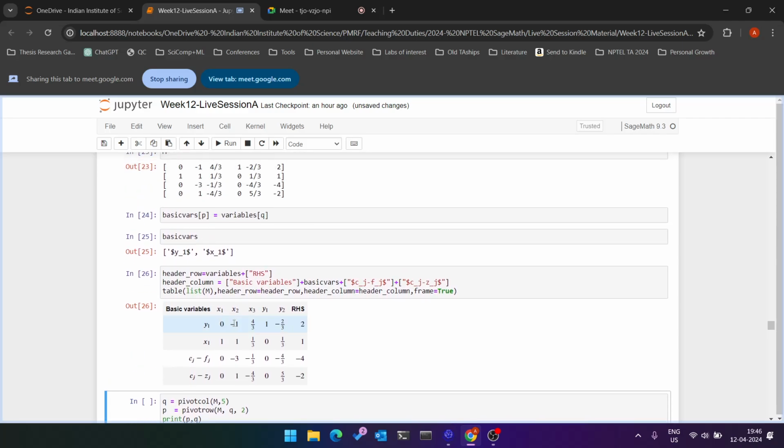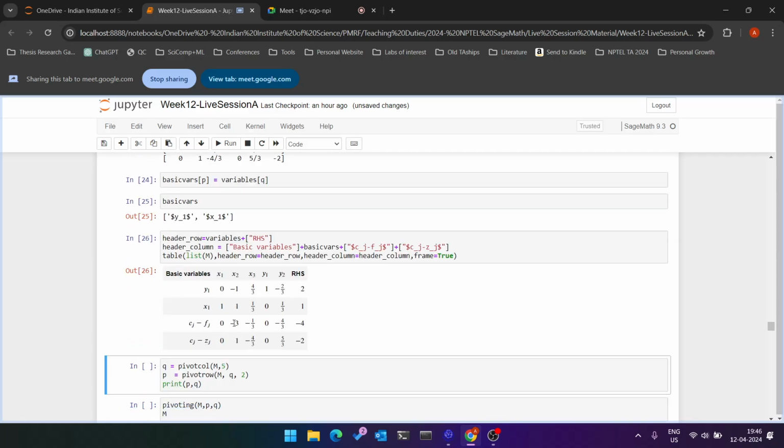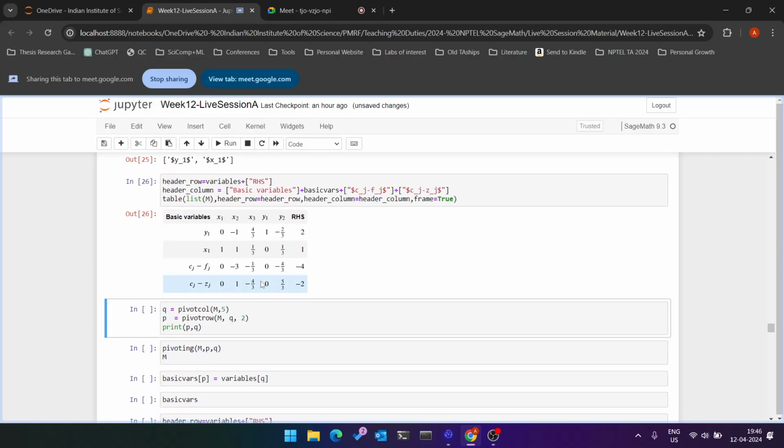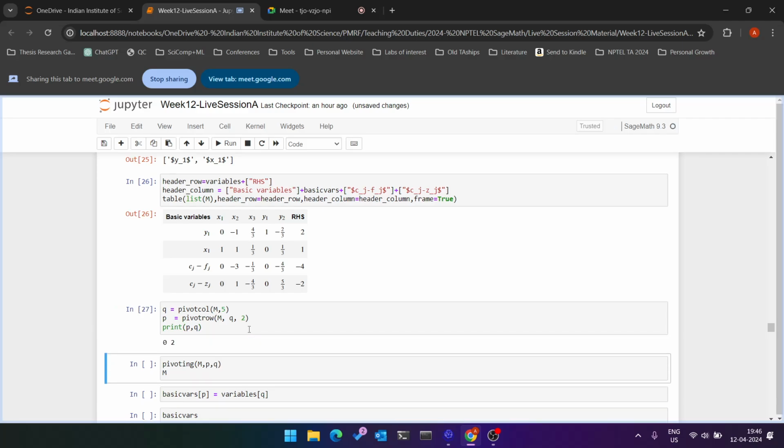Okay, so this is how it looks. There is a negative coefficient at minus 4 by 3. We'll again look through the pivot row, pivot column functions.